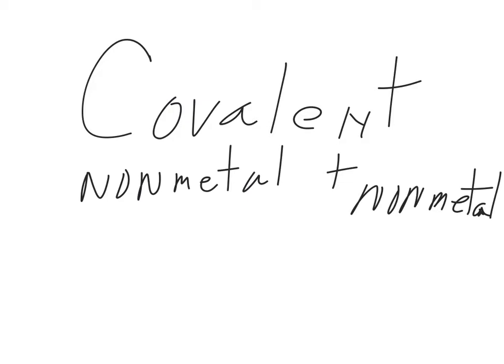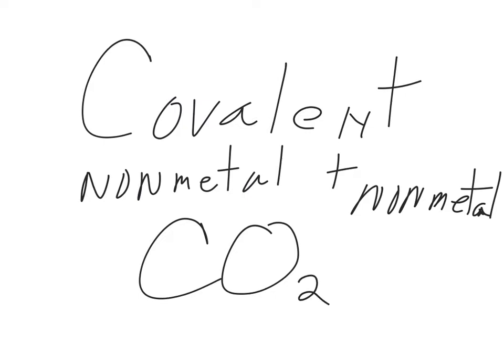Carbon is a non-metal. Oxygen's also a non-metal. You can also have carbon and chlorine, like 4 chlorines. Both of those are non-metals. That's a covalent bond. These are going to share electrons, and I'm going to show you how to do that bonding. But first, you need to identify whether it's ionic or covalent. That way you know if it's going to share or if it's going to transfer.